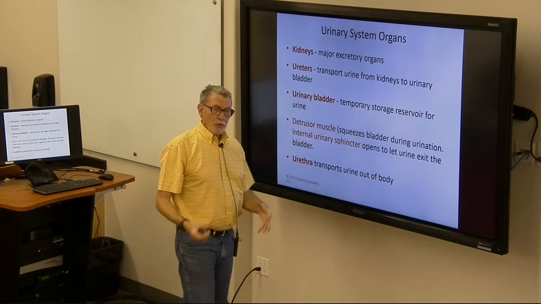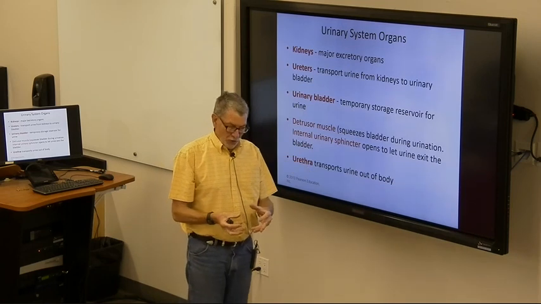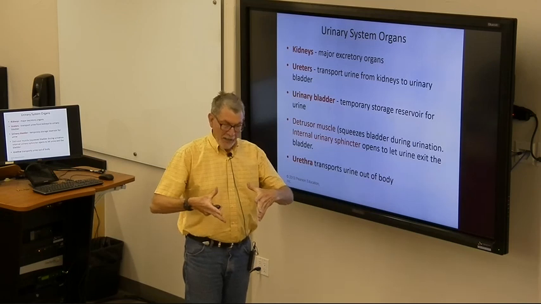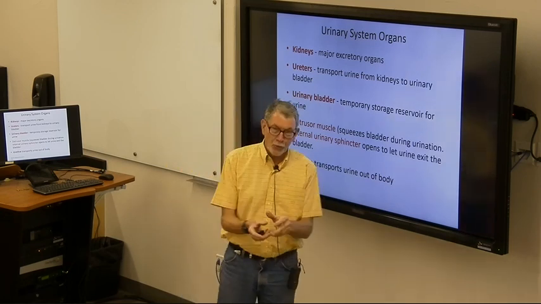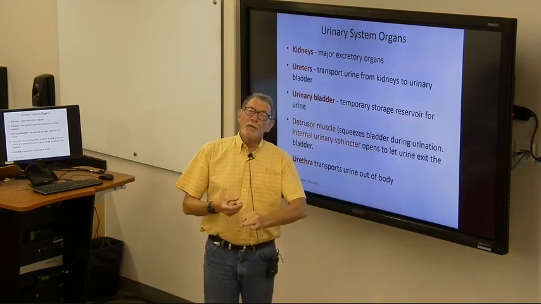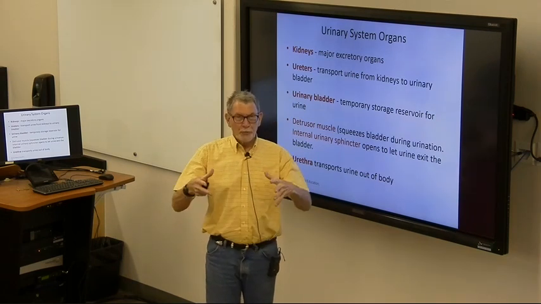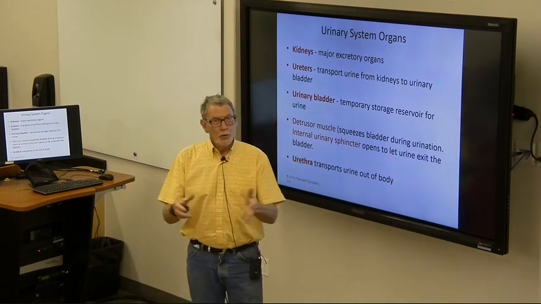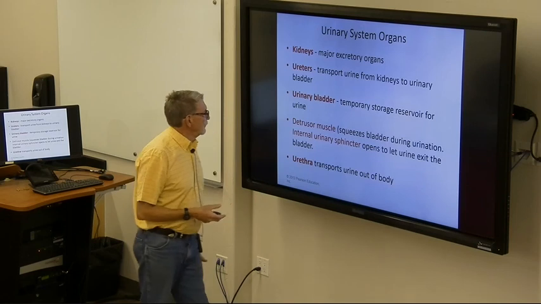The bladder stores until it gets to a certain point, and then it can't hold anymore. And then it has a muscle on the outside, the detrusor muscle, that squeezes, and it has a sphincter that opens. So you have to squeeze the detrusor and relax the sphincter, or open the sphincter, to allow urination to take place.